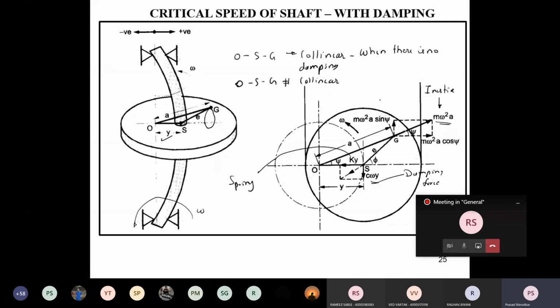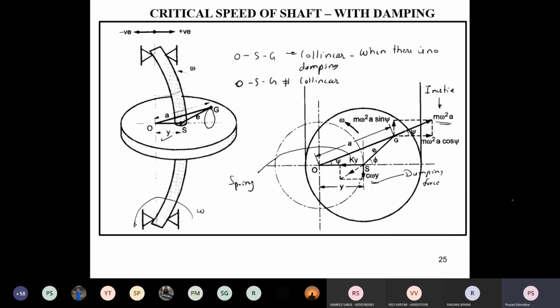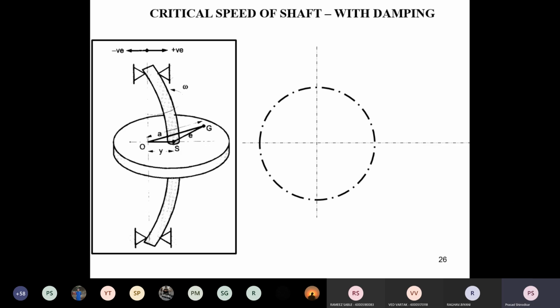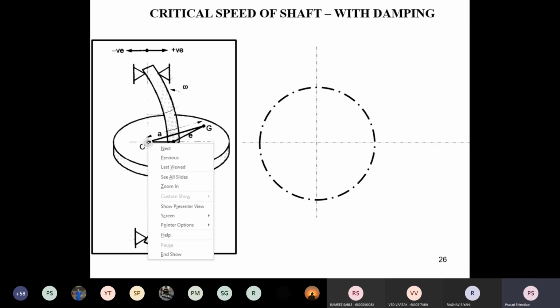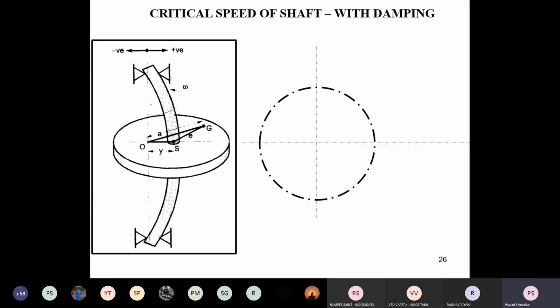How these various forces come into the picture, we will see in detail step by step. This whole diagram has too much information, so let's break it into small pieces so that we can understand it step by step. O is the original position of the axis.